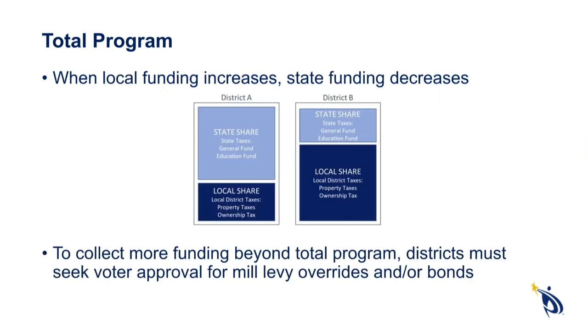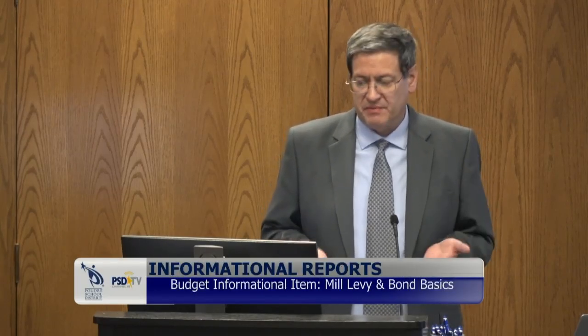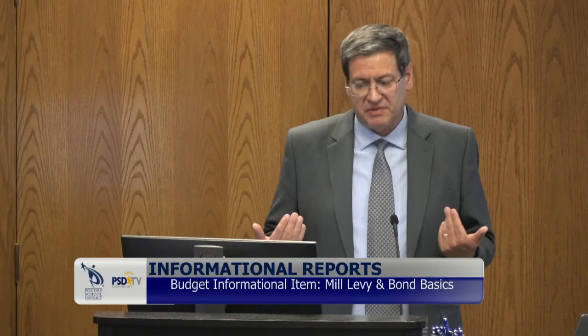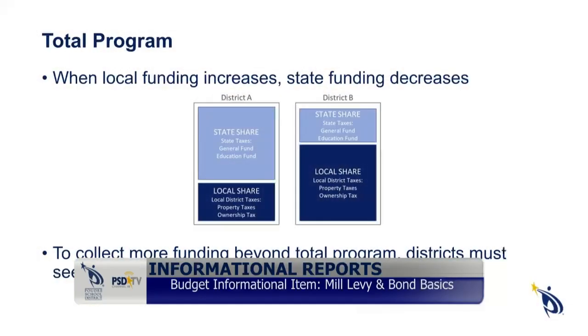So, we remember this picture quite a bit. I know we've used it a lot. But it really drives home the challenge we had this last session when assessed valuation increased across the entire state. What happened, and it's exactly what we were just talking about, is as the local share increased, the state share just decreased by a complementary amount, because the state's obligation, think of these as water glasses, is to fund to the top of the water glass.